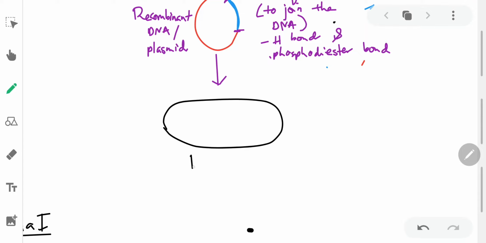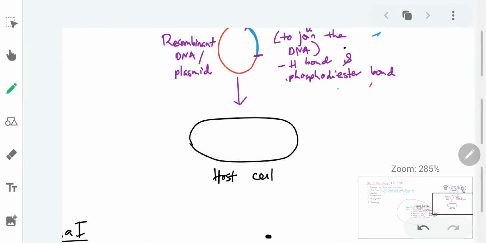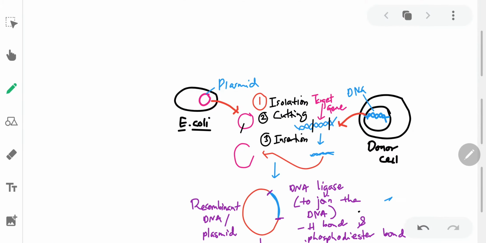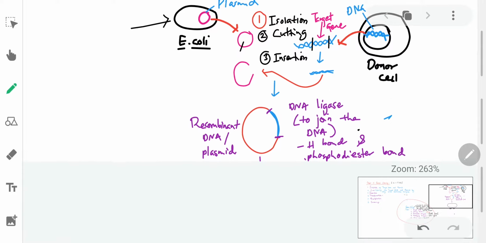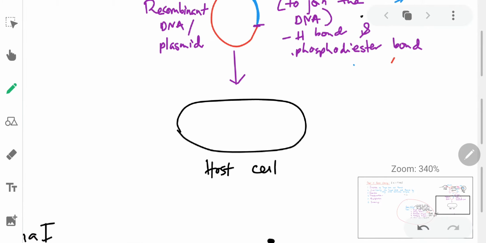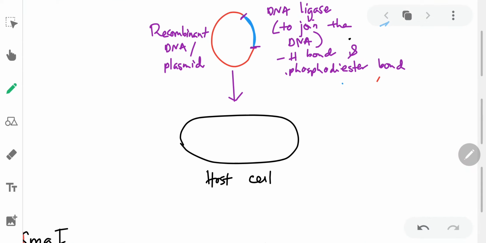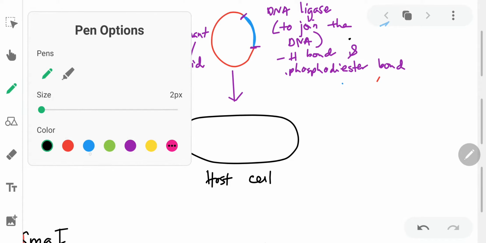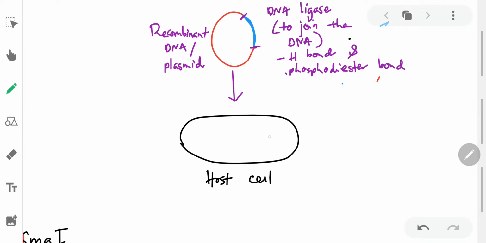Okay, ini ialah kita punya host cell. Dan kalau kamu perasan, host cell ini sebenarnya ialah ini, E. coli yang mula-mula tadi kita ambil dia punya plasmid. We are going to reinsert the recombinant DNA into the host cell. But how? So, saya lukiskan semula structure ini tadi. This is the recombinant DNA.